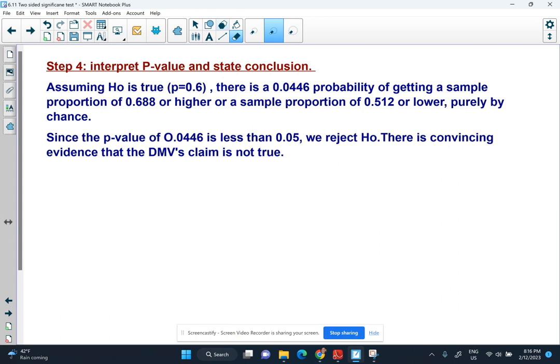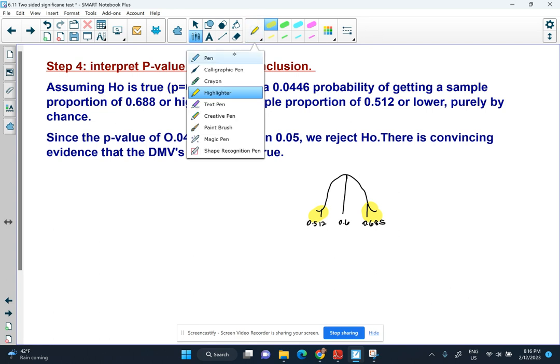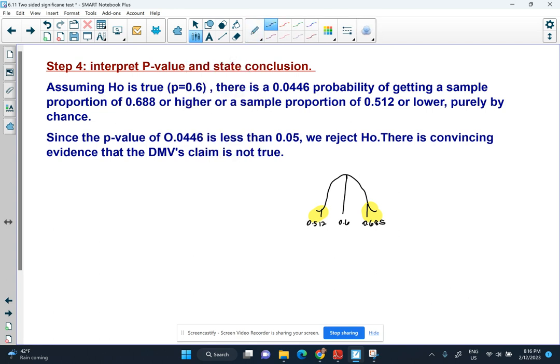Okay, so let me just draw it out for you, because one of the ways that I like memorizing this interpretation is I like to have it make sense. So I'm just redrawing my little bell curve. What I'm shading in yellow is the p-value, or what we're calculating the probability of.